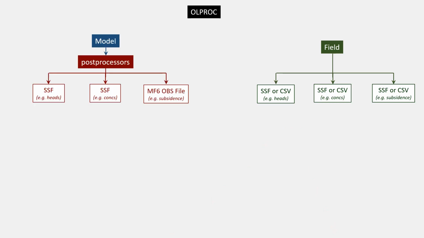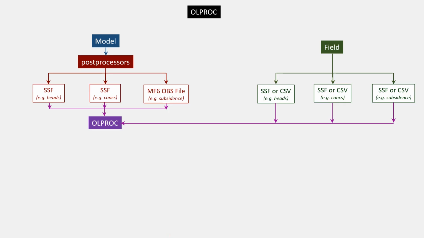It can read model outputs from site sample files, but it can also read them from a ModFlow6 OBS package output file. So OLPROC can read data from all these types of files: field data, model generated data.